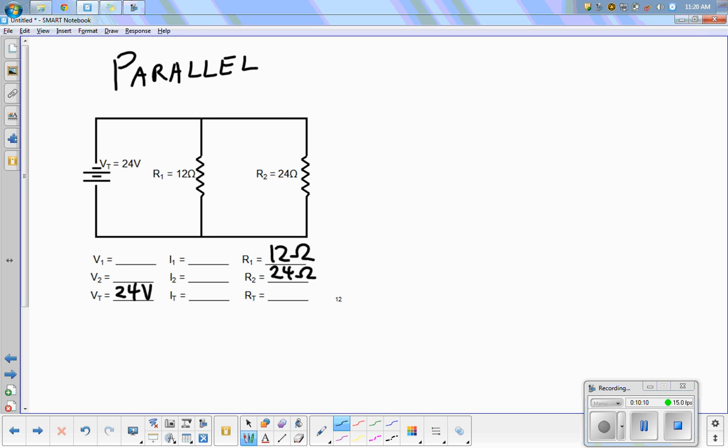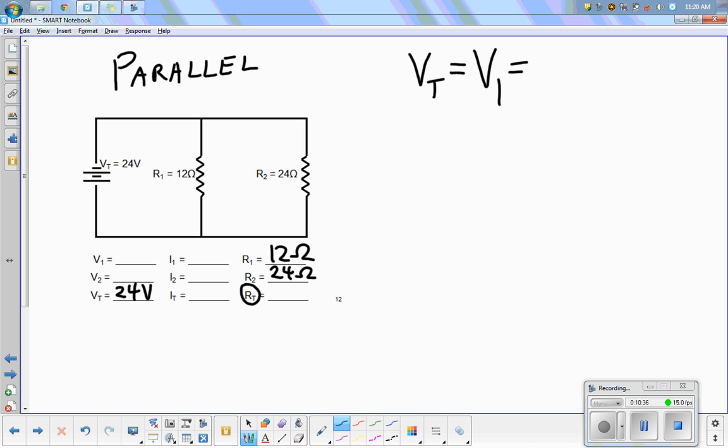Looking for that first. But before we do, I need to back up, and let's talk about some simple rules for parallel circuits. And this is a little bit opposite to what we've got from series circuits. Remember, in a parallel circuit, the total voltage is equal to the individual voltages across each resistor. That means V total equals V1 equals V2.